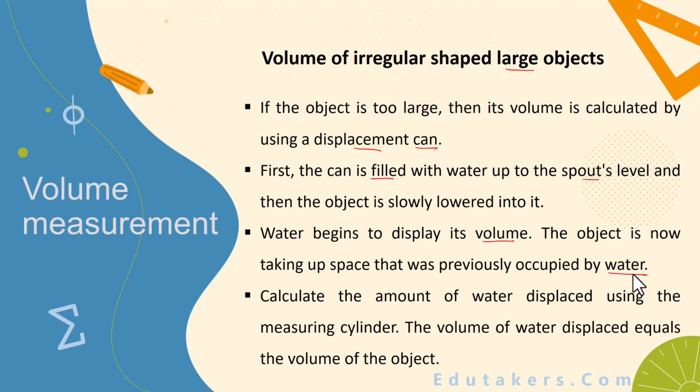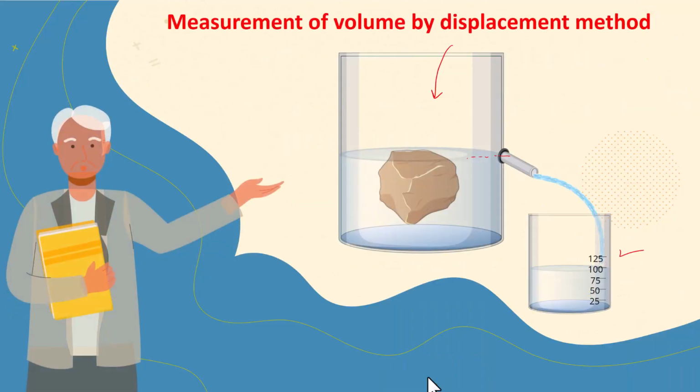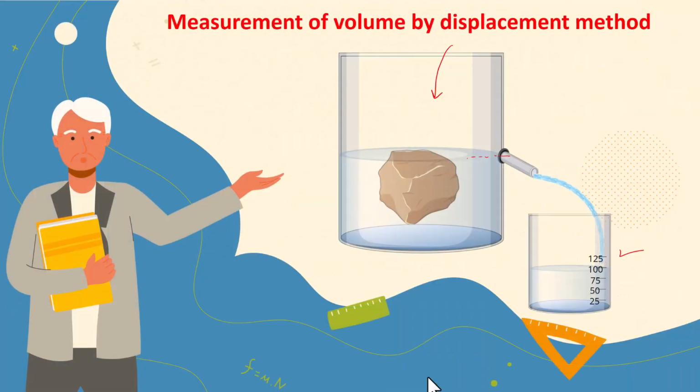So the object takes up the space that was previously occupied by the water. Calculate the amount of water displaced by using the measuring cylinder. The volume of the water displaced equals the volume of the object. So in this case, the volume that the water displaces is basically the volume of the object that you are going to measure. Such a method is basically called the displacement method.